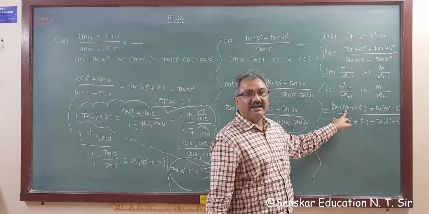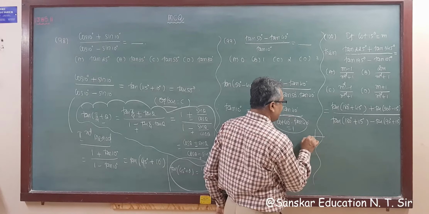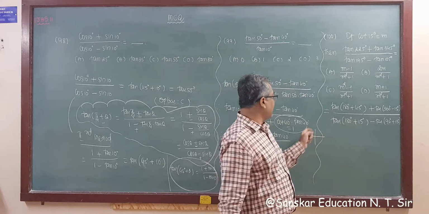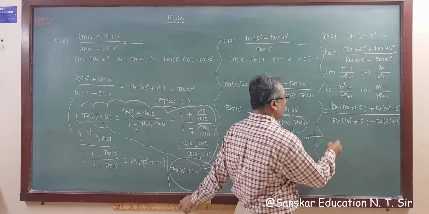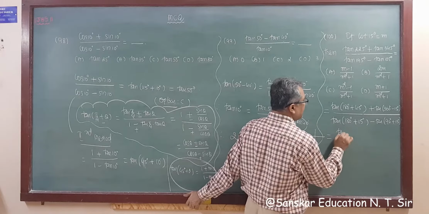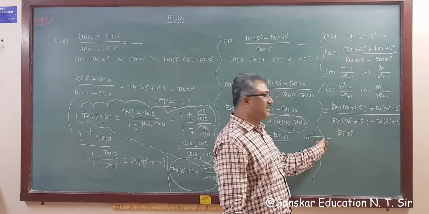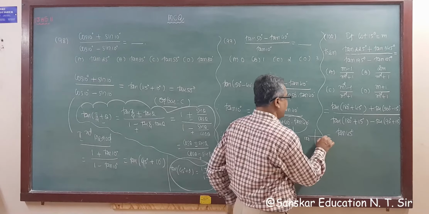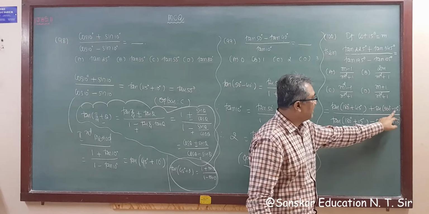Now 180 means pi, that you know now, you are an expert now. Here is 180. So 180 plus theta, that is in the third quadrant. In the third quadrant, tan is positive and no change. So the answer of this is tan 45, right? Now 360 is here, that you know. So 360 minus, plus, here is minus.